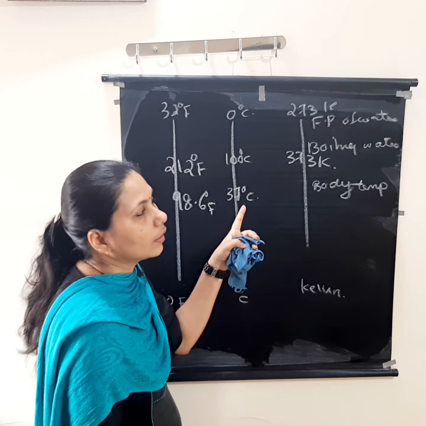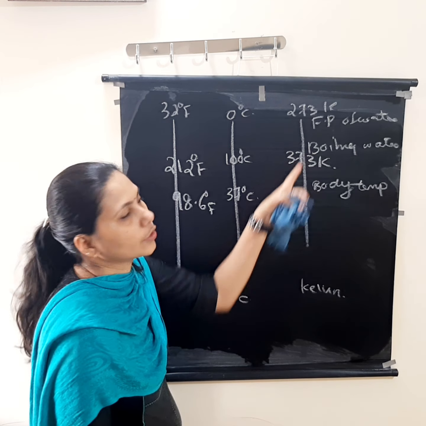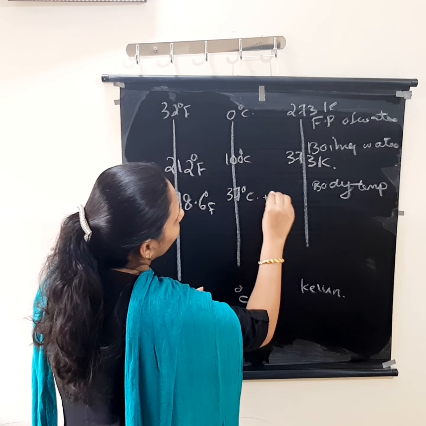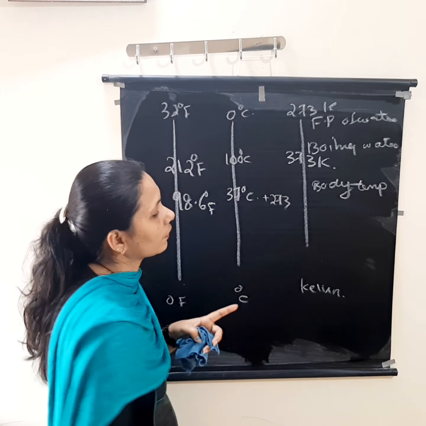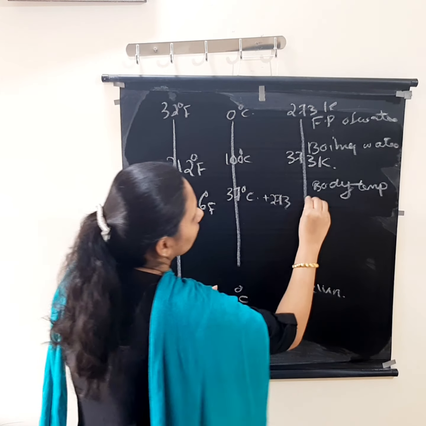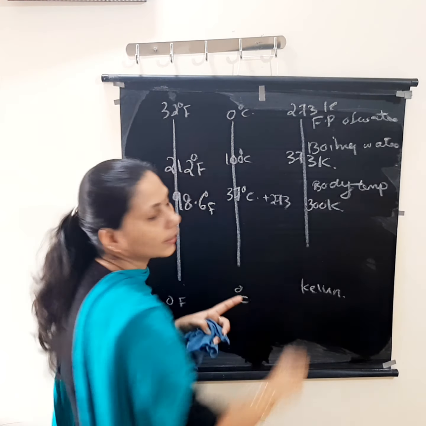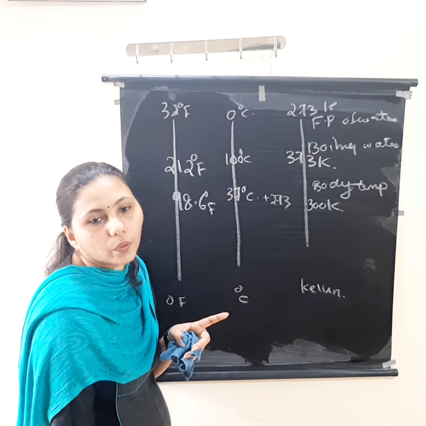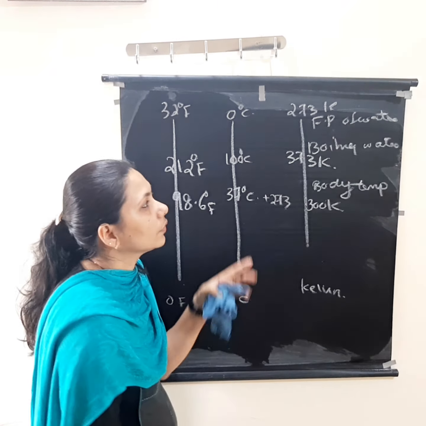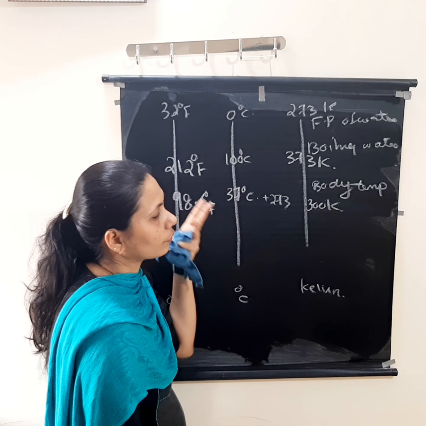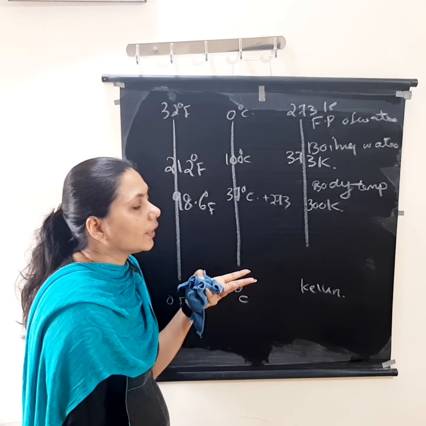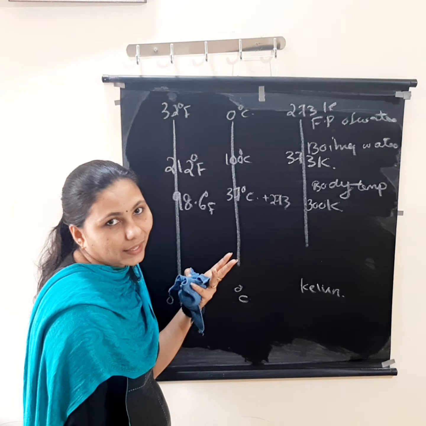Then converting this degree Celsius into Kelvin, we add 273. 37 plus 273 is 300, so that is 300 Kelvin. So the freezing point of water, boiling point of water and the body temperature in three different scales I wrote.